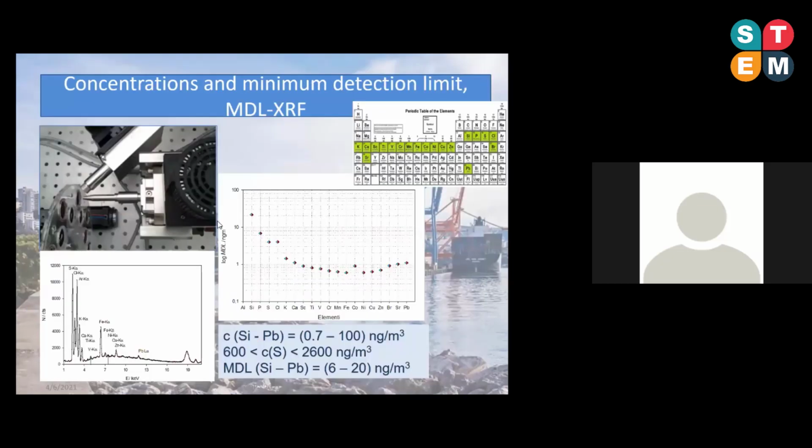XRF is a multi-elemental, non-destructive analysis. Our concentrations for silicon to lead were from several to 100 nanograms per cubic meter, and MDL were from 6 to 20 nanograms per cubic meter.